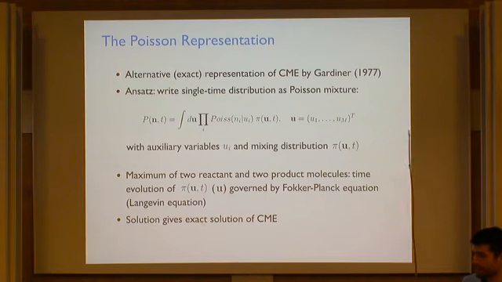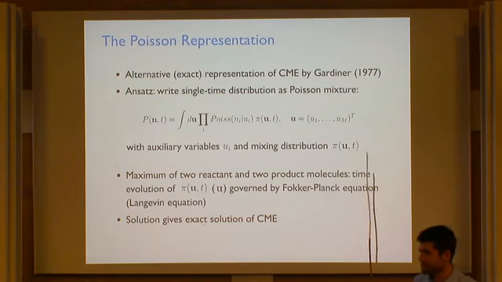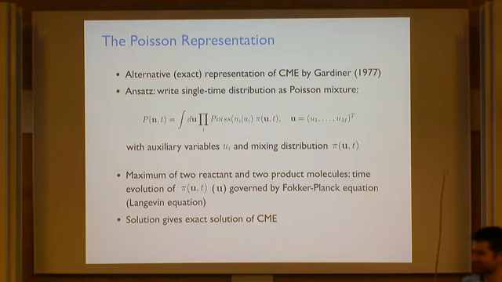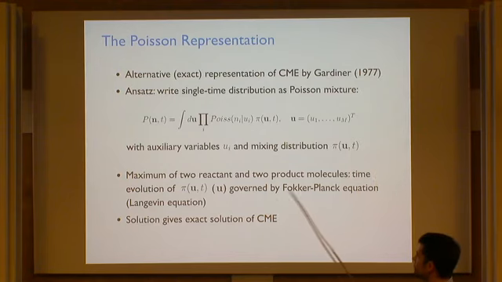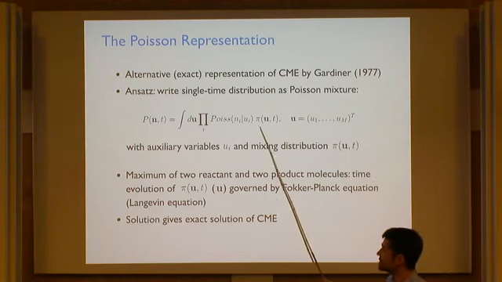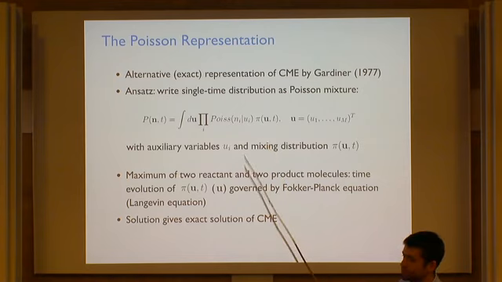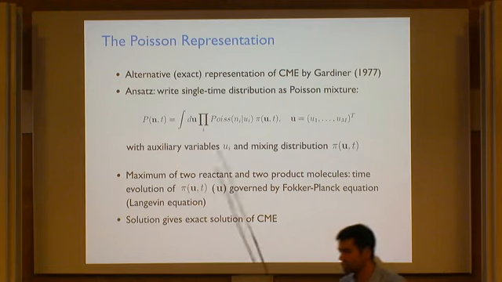But that Langevin equation is a new Langevin equation. It has nothing to do with the chemical Langevin equation, exactly. It's a new one, in Poisson representation space, so the variables have a new interpretation. And this is exact. So in a sense, if we could solve the Fokker-Planck equation for the mixing distribution and plug it into this ansatz, then we get the exact solution of the chemical master equation.